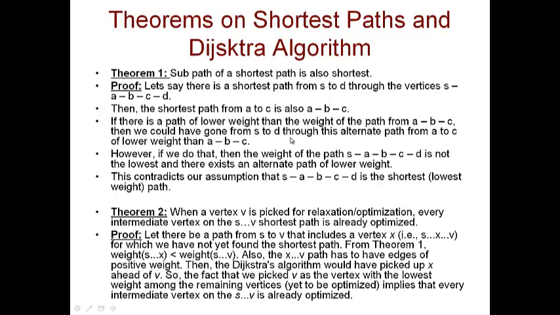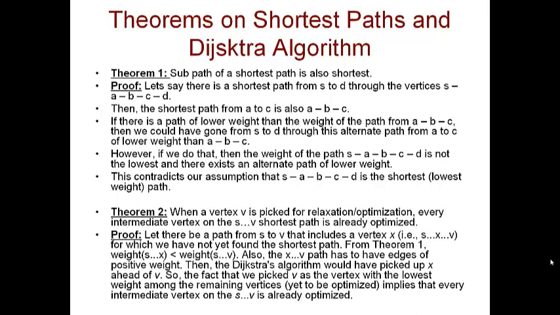But from theorem 1 that we just proved, a subpath of a shortest path is also a shortest path. It could be a direct edge from X to V, or it could be a sequence of vertices from X to V. All those edges that form the path from X to V have to have positive edge weights. That's another assumption of Dijkstra's algorithm: all edges, especially those that are not attached to the source, have to have positive edge weights.